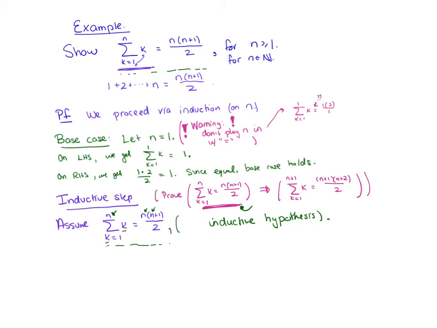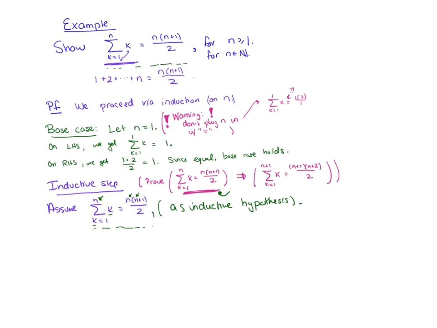Okay, so I'm assuming my if, and now I need to show that the sum from k equals 1 to n plus 1 of k is equal to this. So again, I can't just start with what I'm trying to show here, but I can start with one side of it. So then the sum from k equals 1 to n plus 1 of k, I'm only going to write for sure what I know that's equal to.